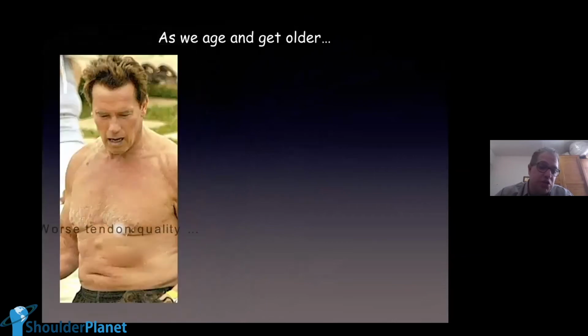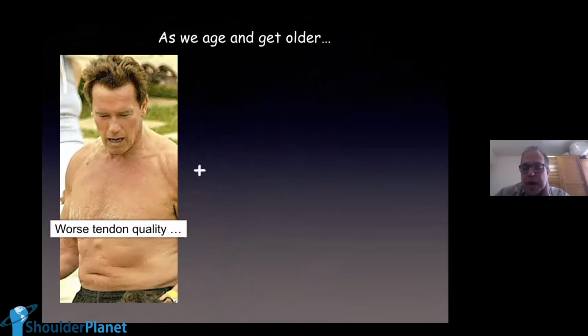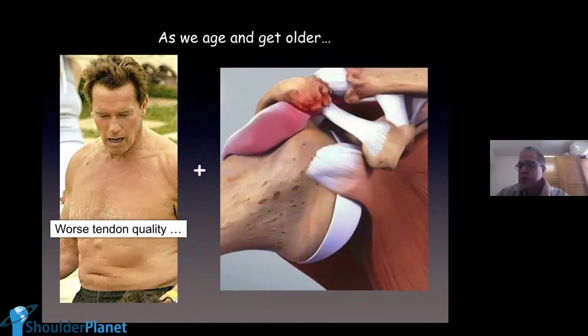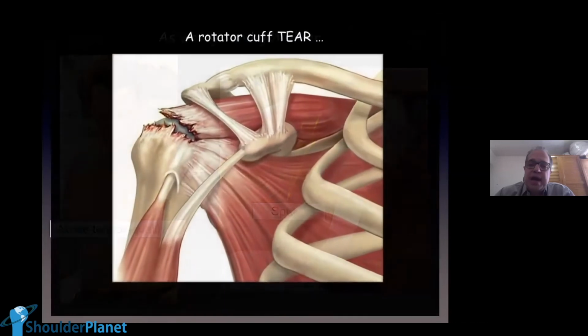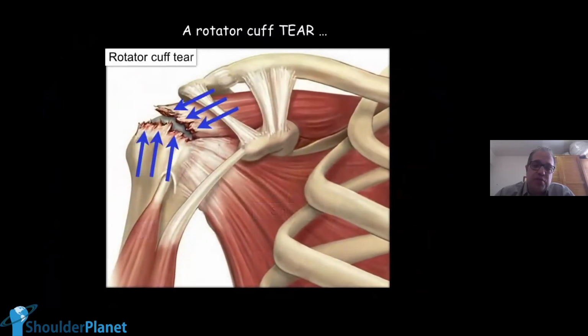Now the tendon is not so good quality, and still I'm gonna have those spurs, which can be small, which can be big. It depends on every case. And so when we do this mathematical account with the spurs, ultimately we can have a tear, a rupture of the tendon, okay?